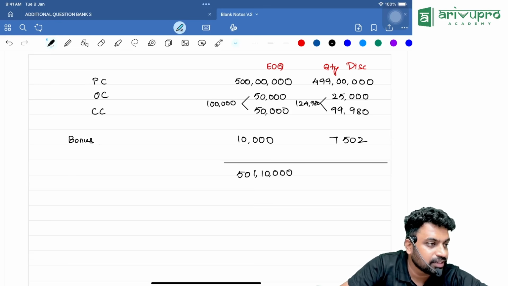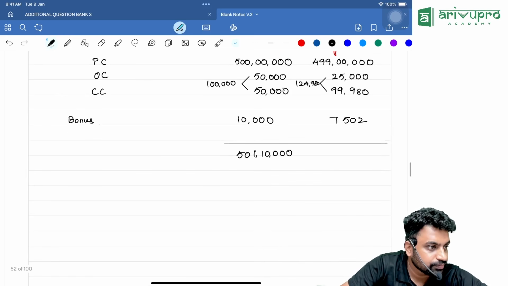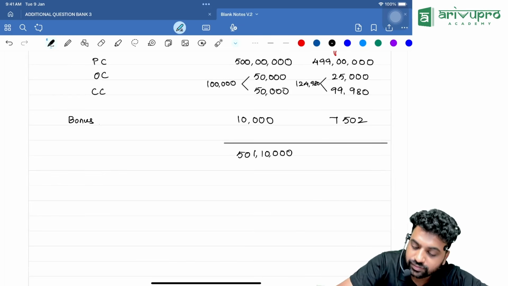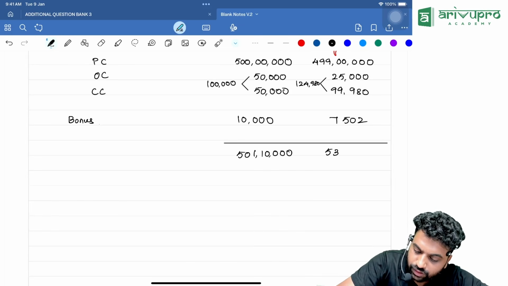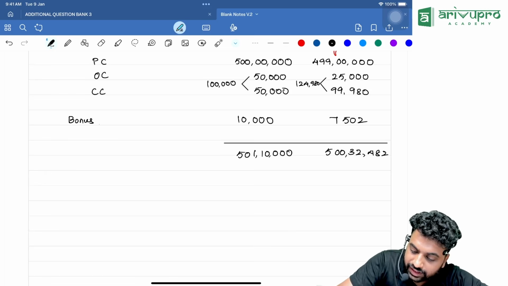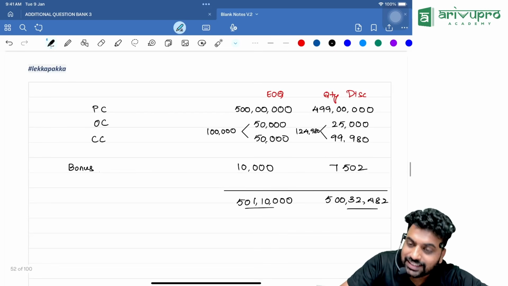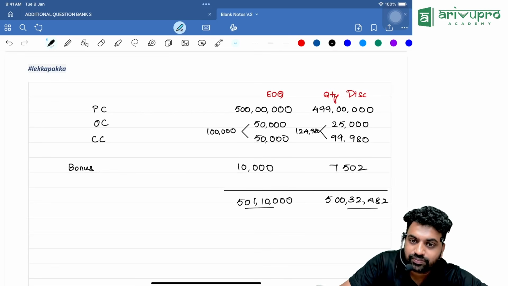How much are you saving? 75,020 on the 10%. How much is this? 5 crore 32,000, 482. Guys, under quantity discount only we are having less cost.